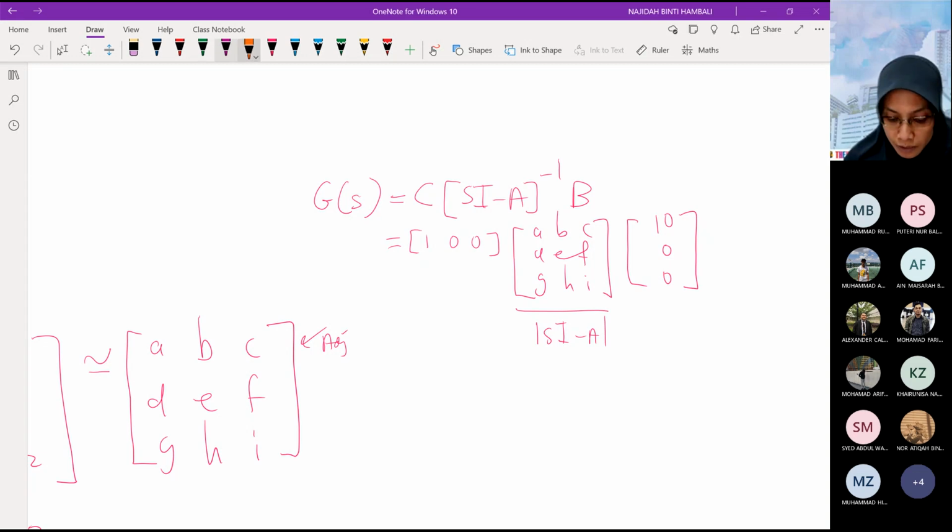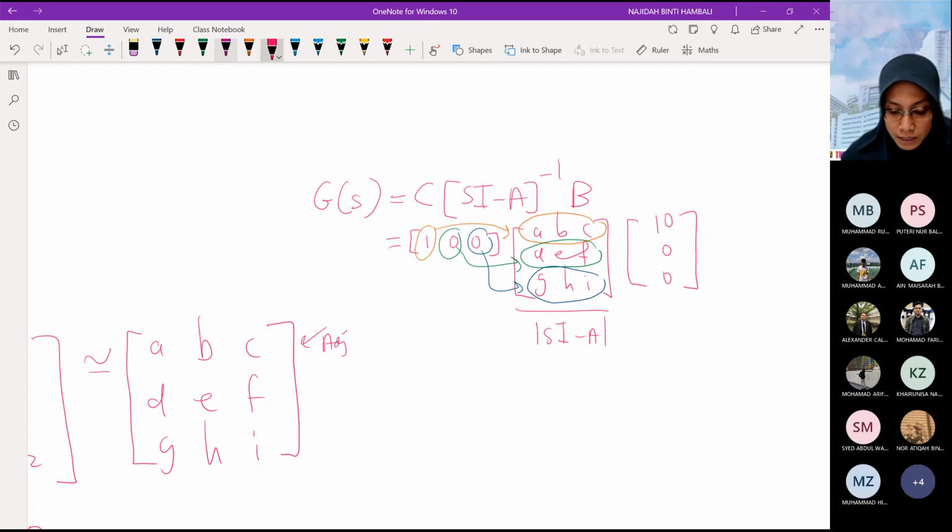So cara dia ialah the first column of matrix C multiplies with the first row. Yang ni make sure tahu ya, row darab column ke, column darab row ke. Second column multiplies with second row. Third column multiplies with third row.